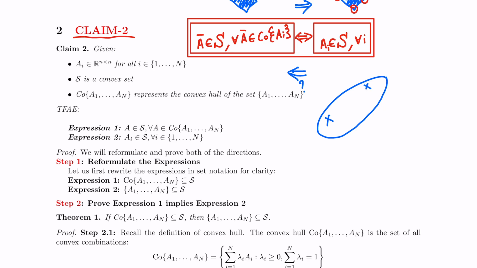You give me any two points, and then when I look at all the points between them, they need to reside in the set.